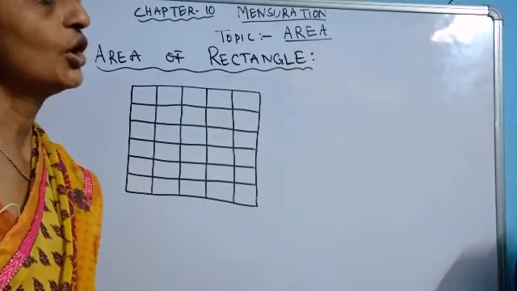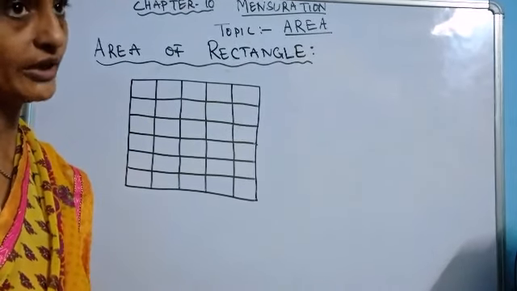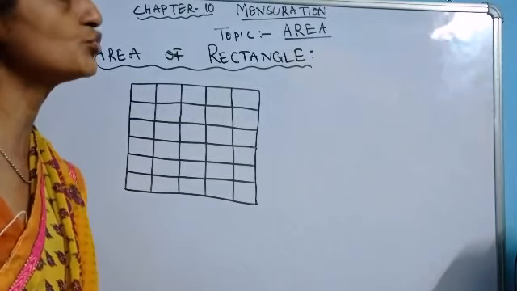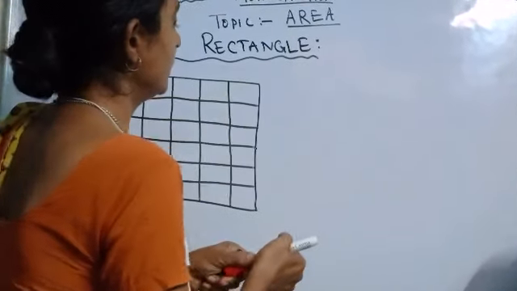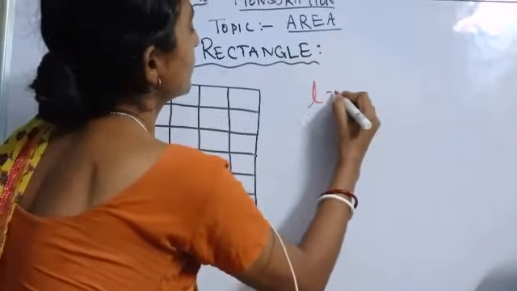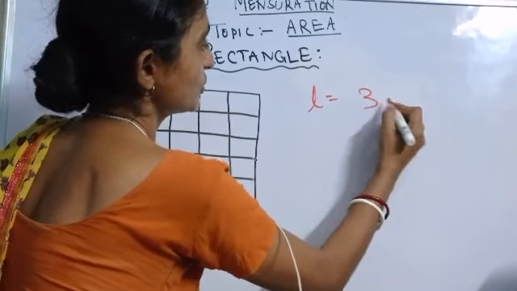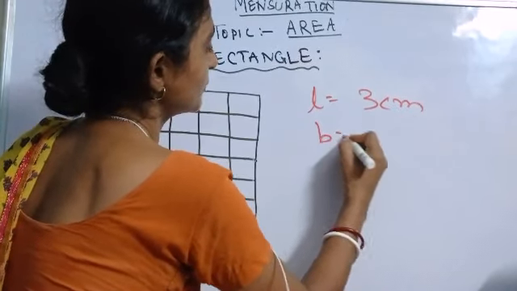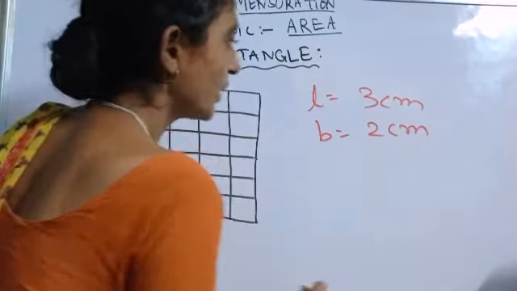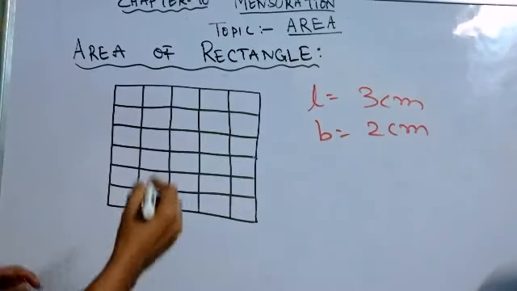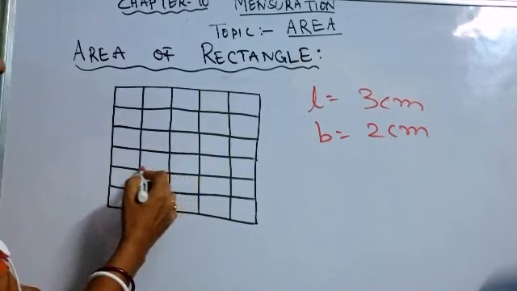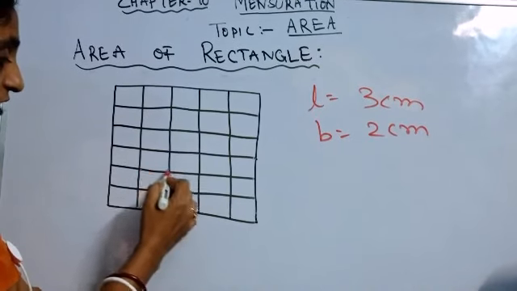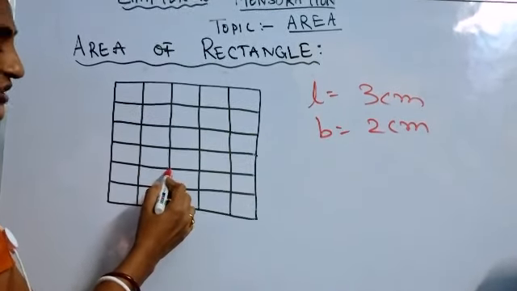Okay, suppose one rectangle has been given of length 3 centimeter into 2 centimeter. That means the length of that rectangle has been given as 3 centimeter and the breadth has been given as 2 centimeter. Okay, so let's consider that each box has a length of 1 centimeter.